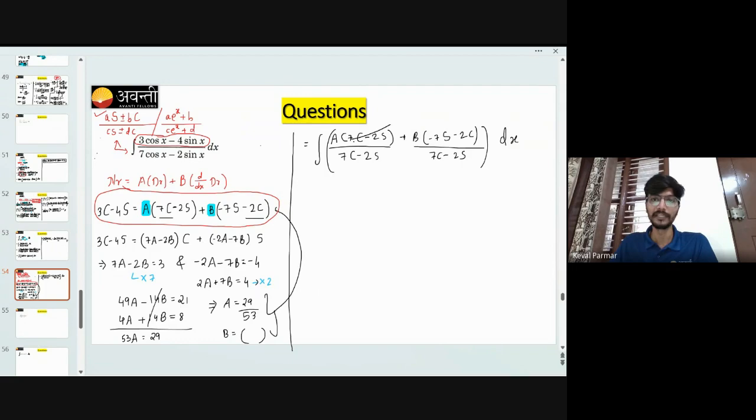So यहां से तो ये और ये कैंसिल ही हो जाएगा. So यहाँ पे बचेगा a इंटीग्रेशन ऑफ 1 dx सिंपल प्लस b इंटीग्रेशन ऑफ minus 7 sin minus 2 cos upon 7 cos minus 2 sin dx.